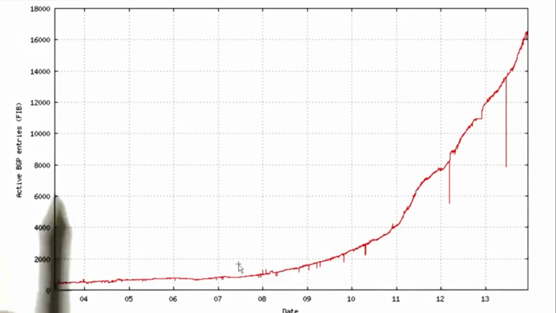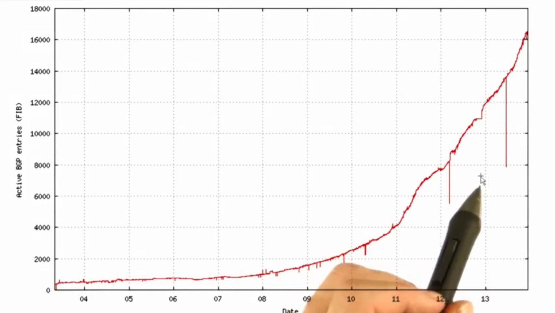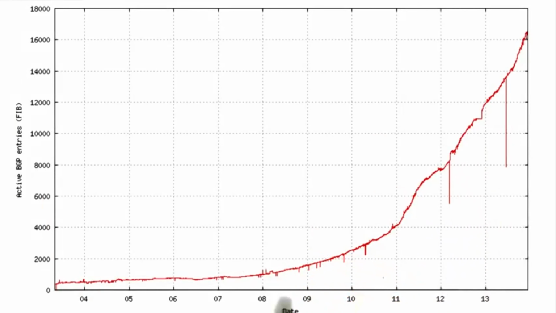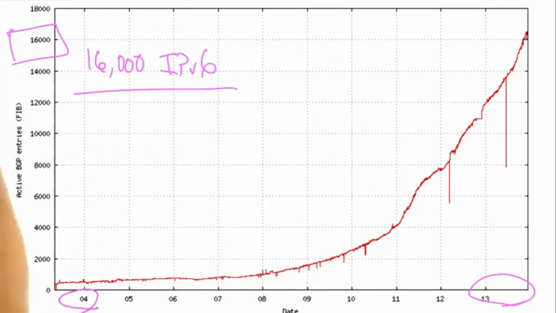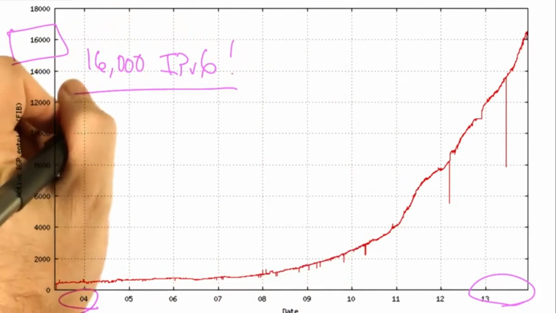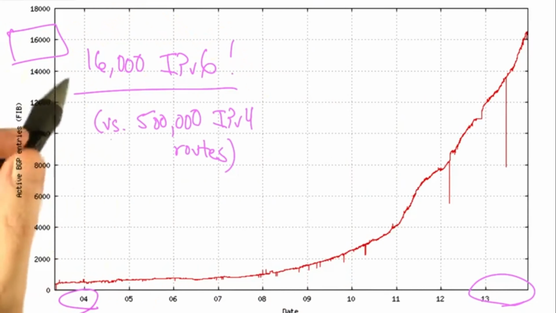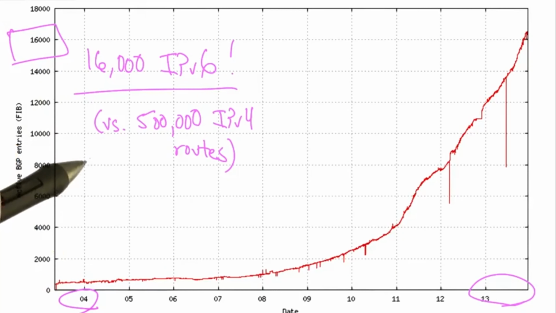Here you can see the number of routing table entries for IPv6 routes, as well as the growth over time from 2004 to the end of 2013. What's remarkable is that we only see 16,000 IPv6 routes in the global routing table. This is not that many, considering that there are about 500,000 IPv4 routes in the global routing table.